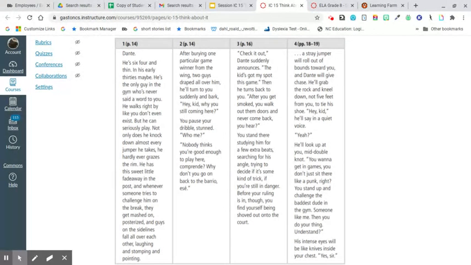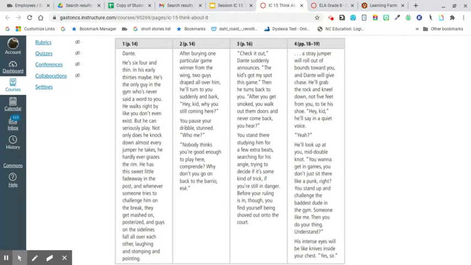So now, instead of being that jerk in the first three things that we saw, he's giving him helpful advice. He's telling him, here's what you need to do to be accepted, to prove yourself, to be one of the guys, and to fit in. And this character never would have expected that from his previous encounters with Dante. But Dante's seen him play, and he knows that you're good.